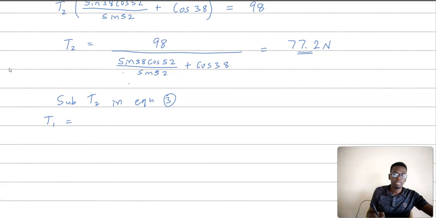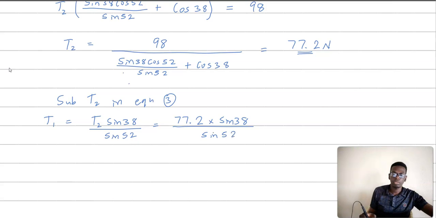Okay, let's write it again so there will be no confusion. Let's write equation 3: T1 equal to T2 sine 38 divided by sine 52. So after substituting, T2 will be 77.2, and that will be 77.2 times sine of 38 divided by sine of 52.